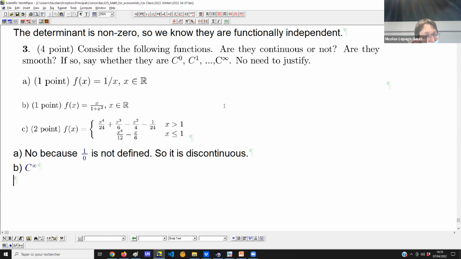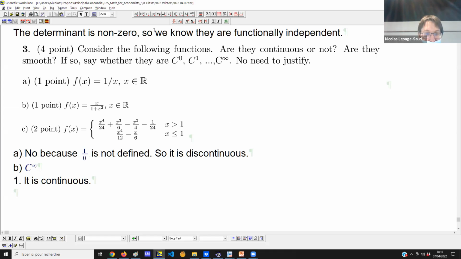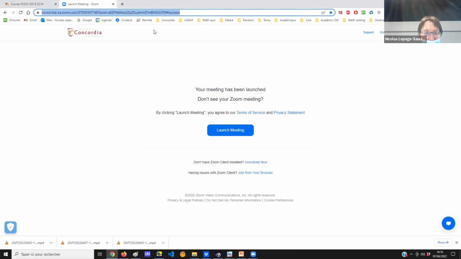So yeah, we can just compute a few derivatives. So one, it is continuous. So I can just... it's y equal x dependent on 1 plus x.